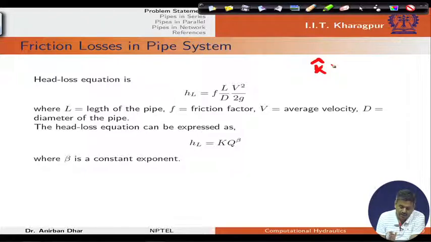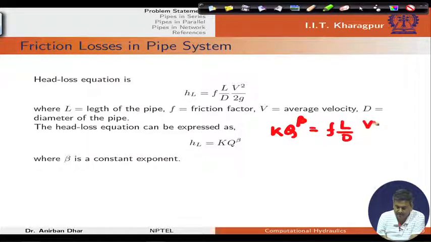So, that is the total loss thing, and this HL considers the loss in pipe only. So, if we equate these two, this is K Q to the power beta equals F L by D, this is V square by 2G.